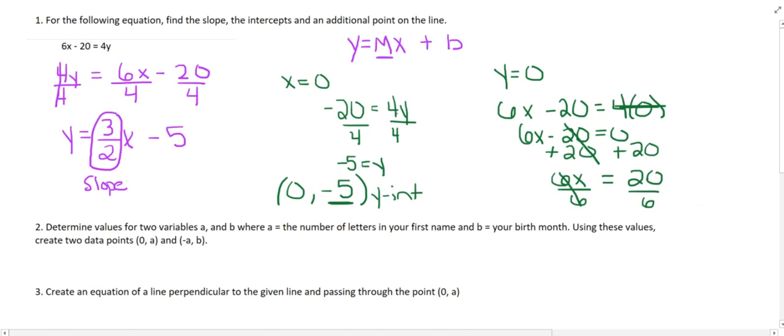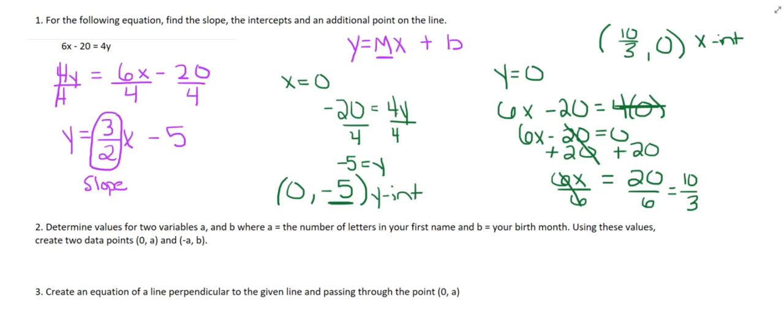That will give me x equals 20 over 6. These are also reducible by 2. So 20 divided by 2 will give me 10, and 6 divided by 2 will give me 3. So 10 over 3 is going to be my x value there. So I have an x value of 10 over 3 and a y value of 0. That is my x-intercept.